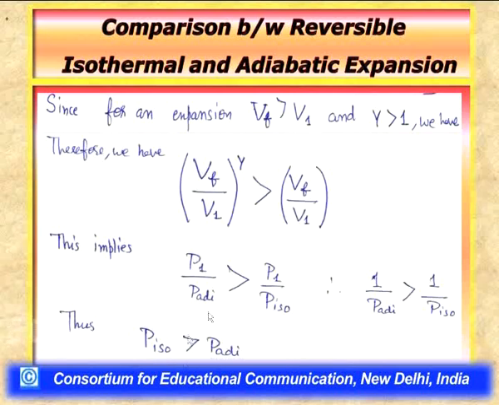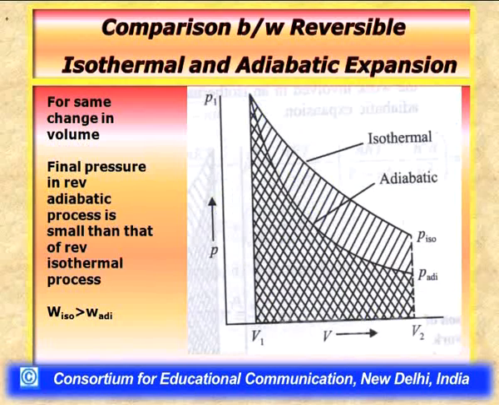Now it is important to understand what implication this relationship which we have just derived has. It has an important significance. Just have a look. We have the PV isotherm diagram, and it also contains the PV adiabatic diagram.